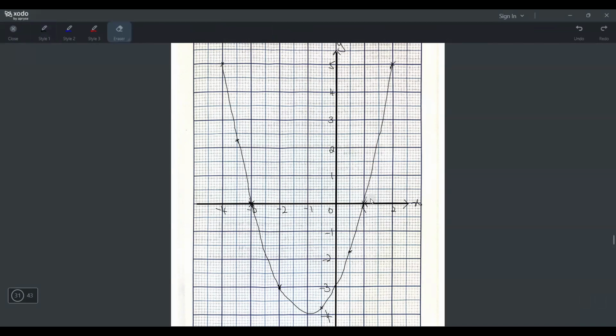Make sure when you erase the whole thing. Okay, I think this is good enough.